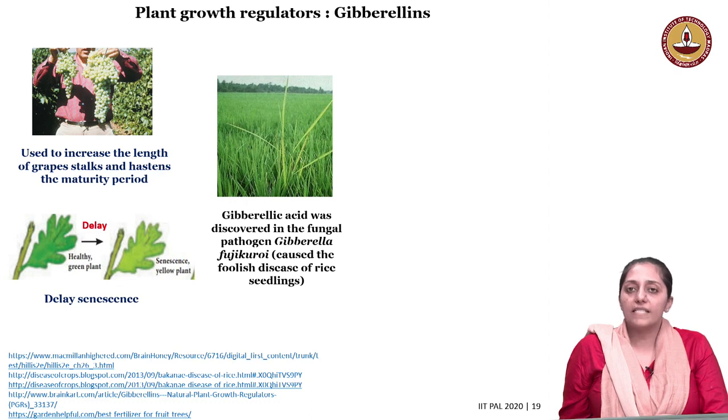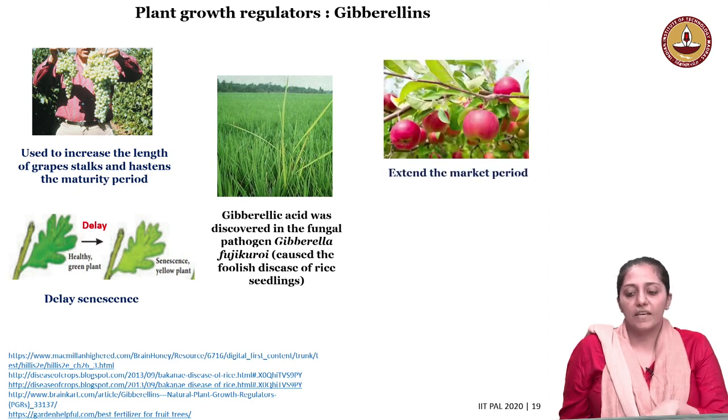And it also delays senescence. So, can you guess what benefit can be achieved from this property in the agriculture industry or in your fruits? Right, I hope you have guessed it.